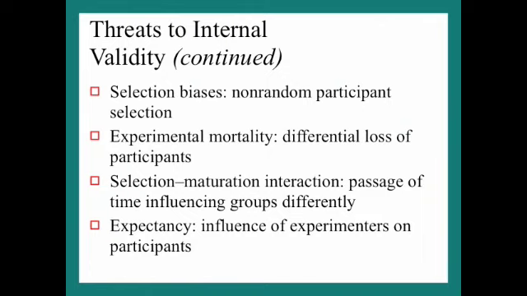Selection maturation interaction is our next threat to internal validity. And the book does a pretty decent job describing this. Selection maturation interaction is the passage of time influencing groups differently.